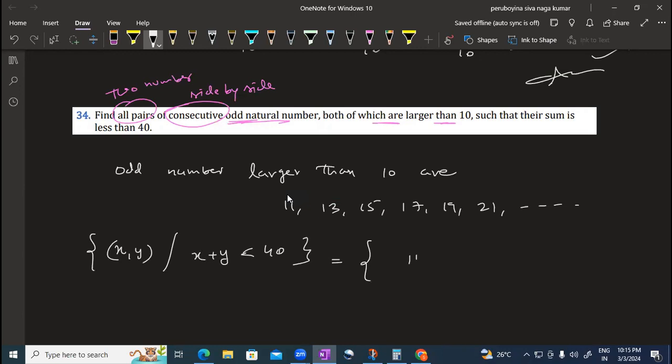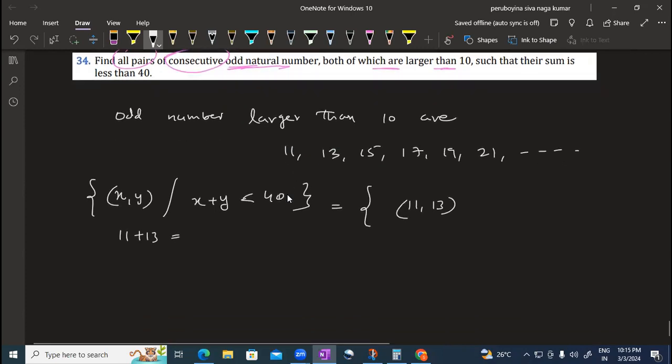So you can write 11 comma 13, because 11 plus 13 is 24, and they must be side by side numbers. He said consecutive. Consecutive means side by side numbers. So you can take next 13 plus 15, which will be 28. So 13 comma 15.